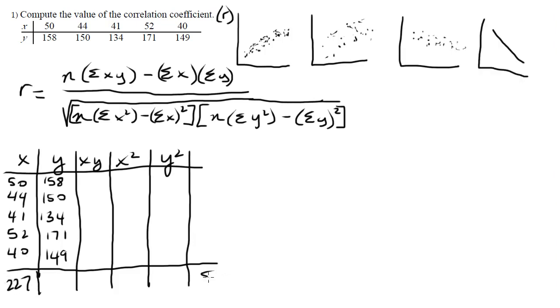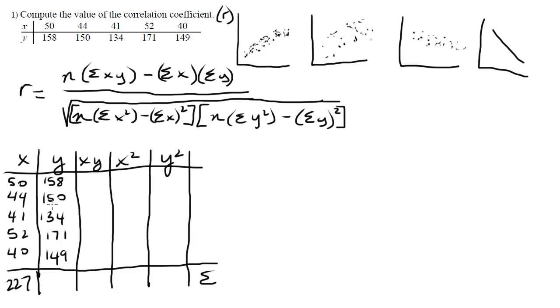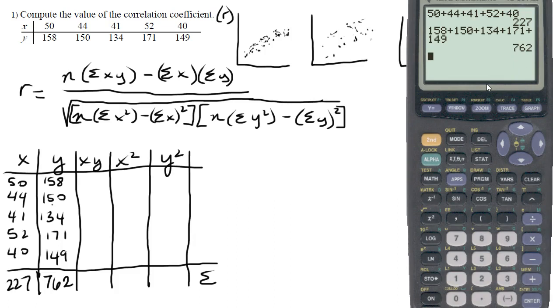So these are the sums for my y's. There's a more efficient way to do this, which I will show. 158 plus 150 plus 134 plus 171 plus 149 is 762. So let's add the squares. I have 50 squared.